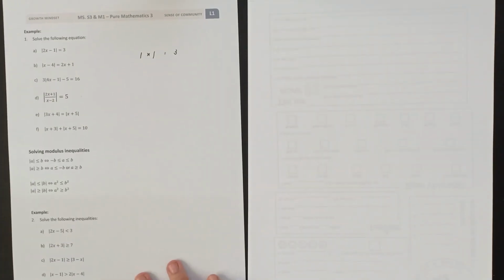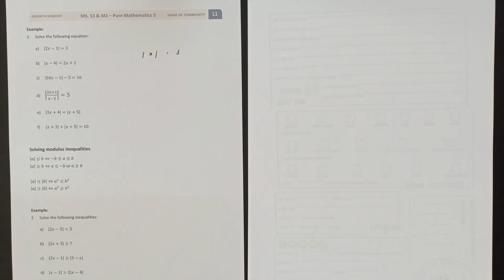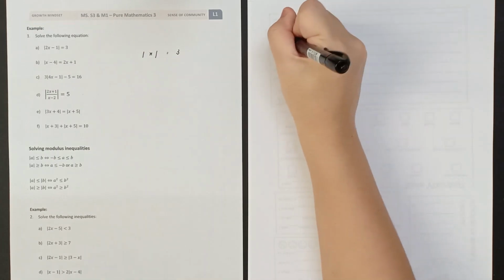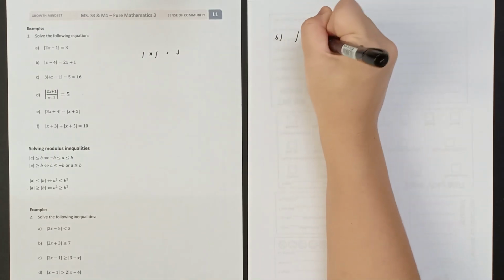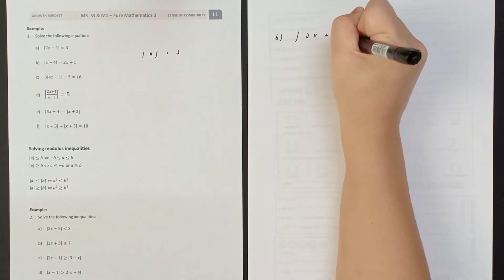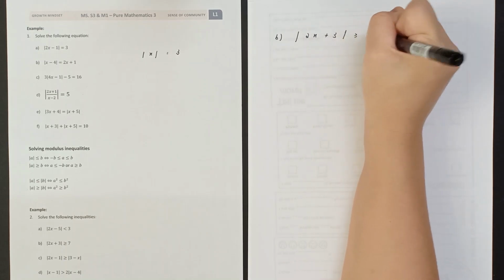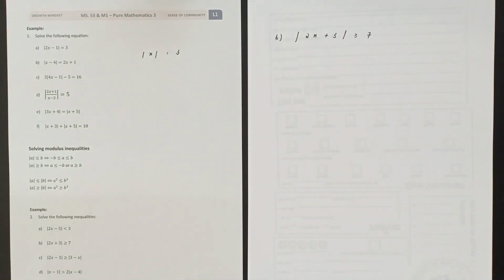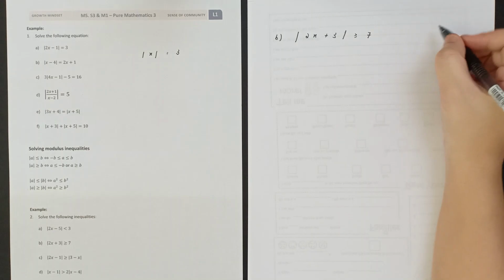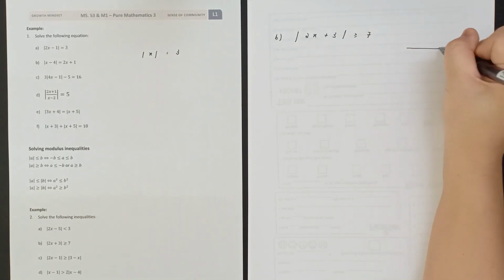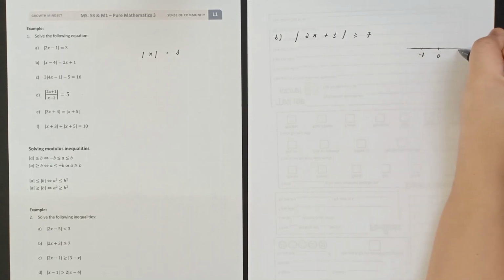Okay, so modulus 2x plus 3 greater than 7. Let's do the same thing. You can imagine that this is your number line, and since this is 7, you know that it is negative 7 and 7.